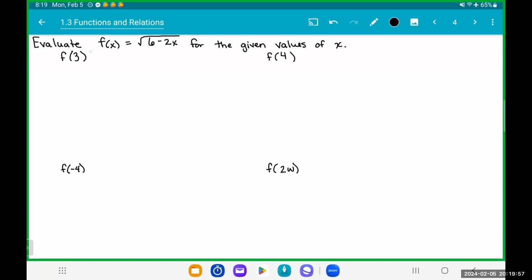F of 3 equals the square root of 6 minus 2 times 3. That equals the square root of 6 minus 6. Square root of 0 is 0. So when we evaluate that problem at x equal to 3, we get a solution of 0.